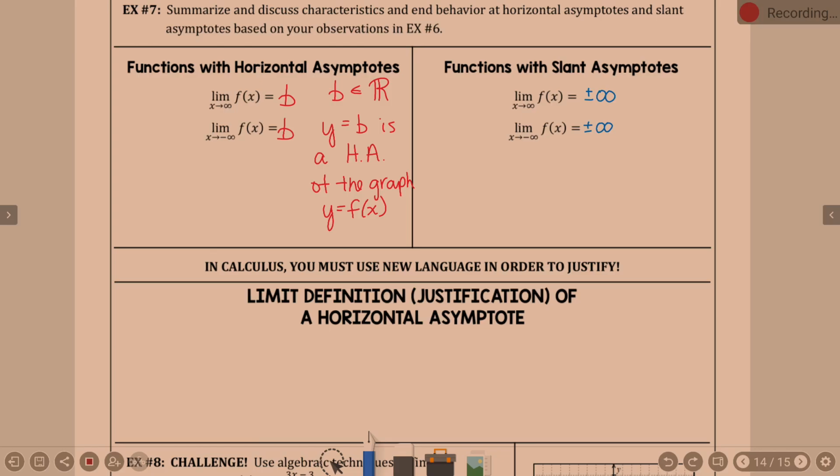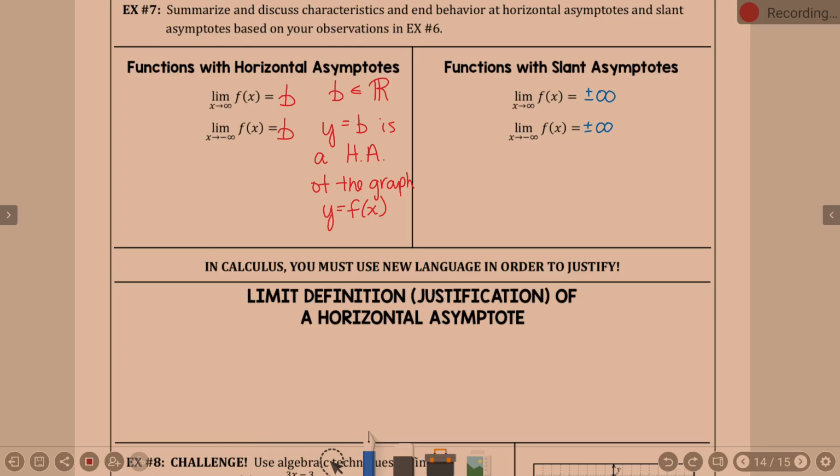Now, my comment here is to use long division or synthetic division to find the equation for slant asymptotes. And then it says to test values to find end behavior, and in that case, it's going to end up equaling positive or negative infinity when you plug it in, but it gives you the idea there.